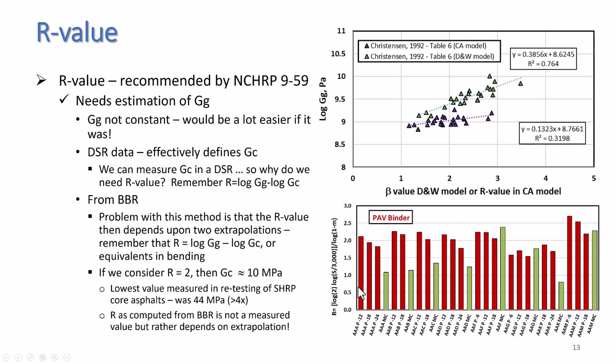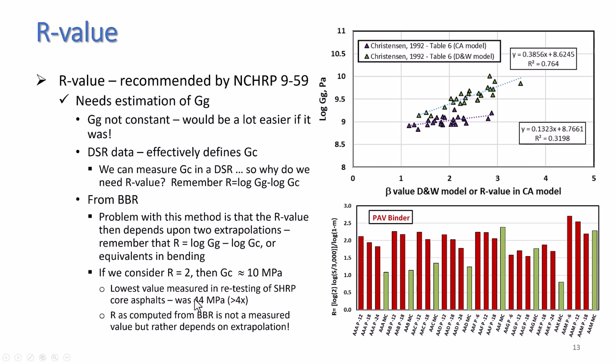Now, if we consider an R value of 2, then the crossover modulus would be around about 10 megapascals using this assumption here. So the crossover modulus of 10 megapascals, we can compare that to the lowest value we measured in all of this testing of the BBR data.